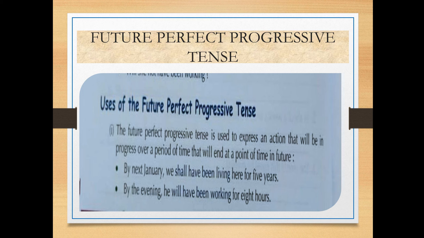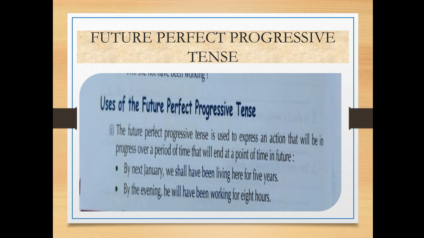I hope the format is clear. Shall/will plus have plus been plus V1 plus ing, right? Let's see the uses of future perfect progressive tense.